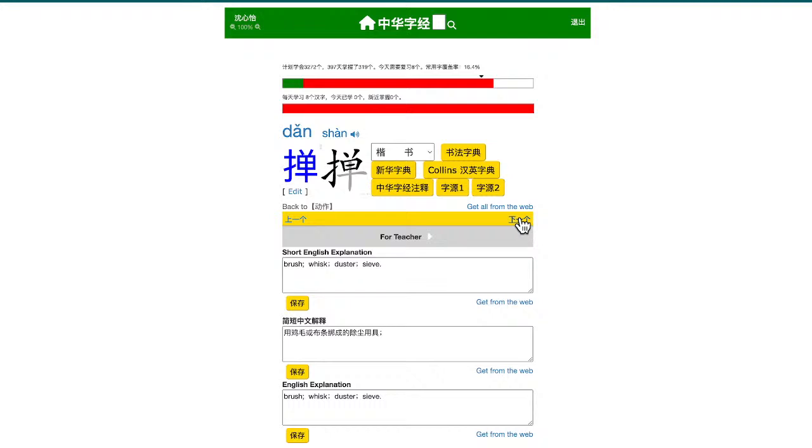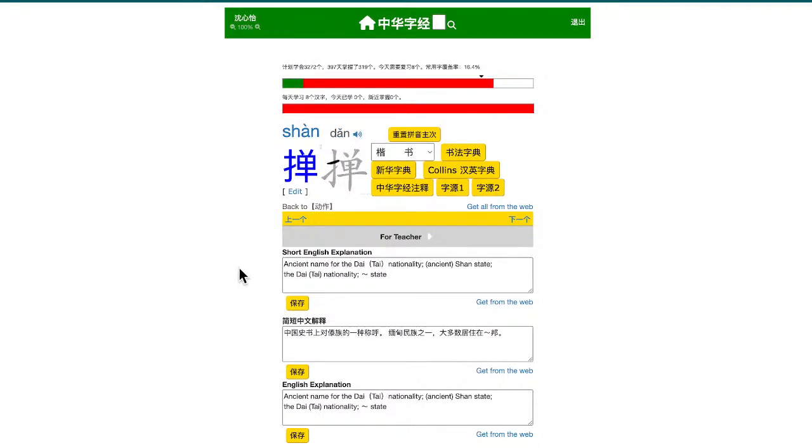And this one has a second pronunciation, called 善. When you say 善, that's the name of a Chinese ethnic minority. 善主. The current name for that group of people is Dai, but in ancient times, they called them 善主.